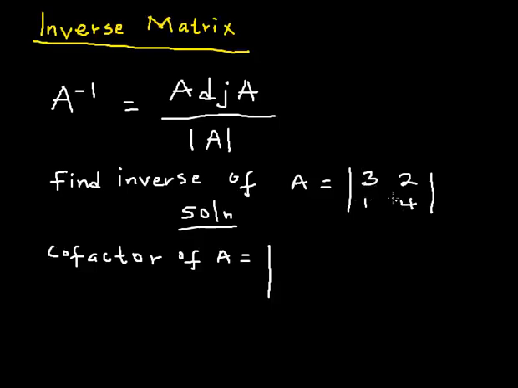The minor of 3 is 4, right? And of course the place value is at position 1 1, even, that's going to be positive. The minor of 2 is 1, and of course this is row 1 column 2. That is odd, so here that's going to be minus 1.